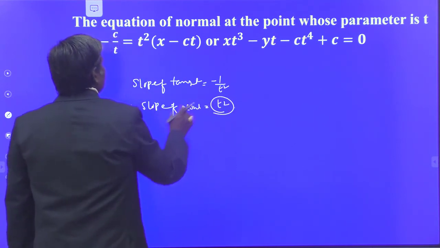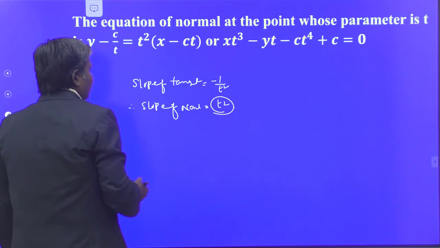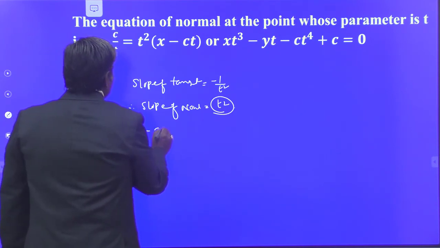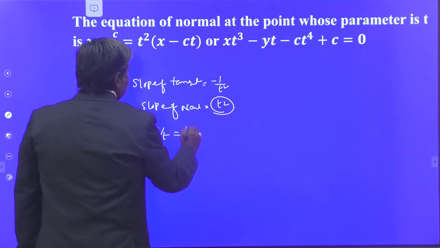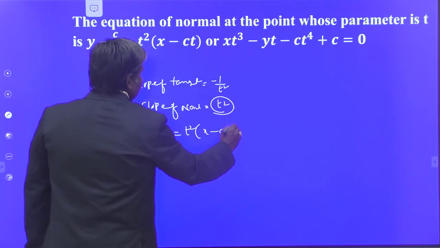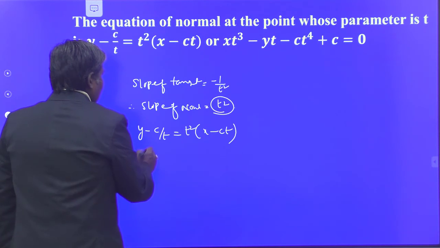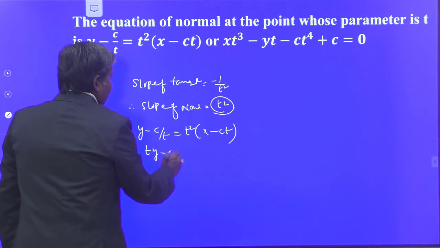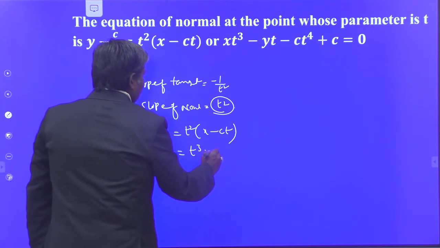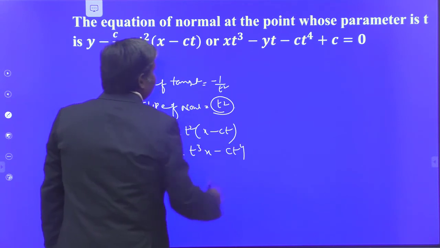Once you have the slope of the normal and the point, you can write that one. y minus c by t is equal to t square into x minus ct. That's all. y minus y1 is equal to m into x minus x1. On taking LCM, ty minus c is equal to t cube x minus ct power 4.